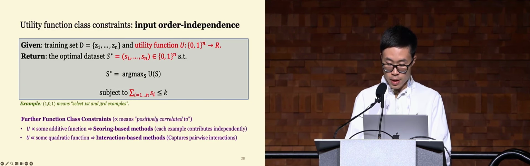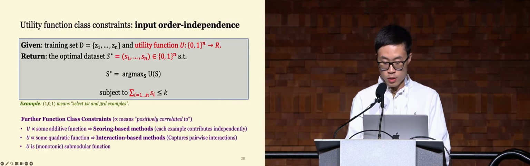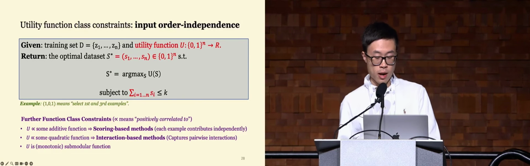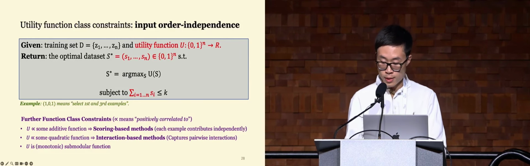The simplest case is when the utility is positively correlated to some additive function. This leads to the most common scoring-based data selection method, where each data point's contribution can be evaluated independently. A richer function class is when the utility is correlated to some quadratic function, leading to the interaction-based approach.